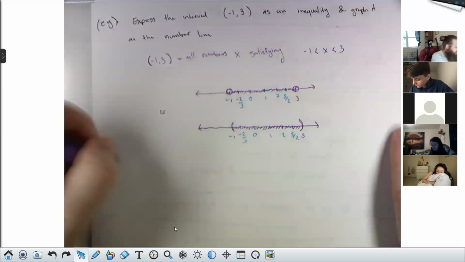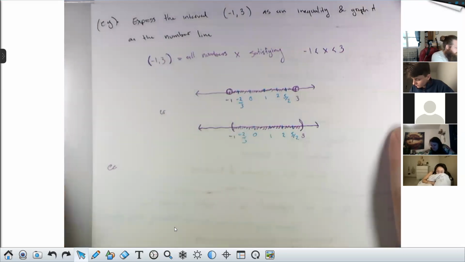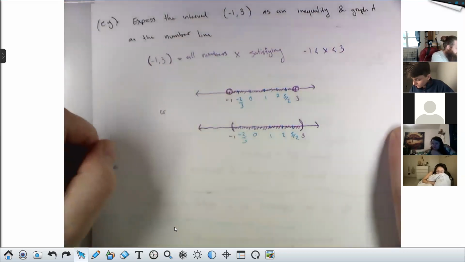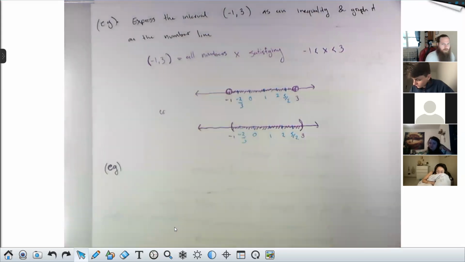Okay. Something else that we can do with interval notation is express unbounded sets. So I might go the other way.